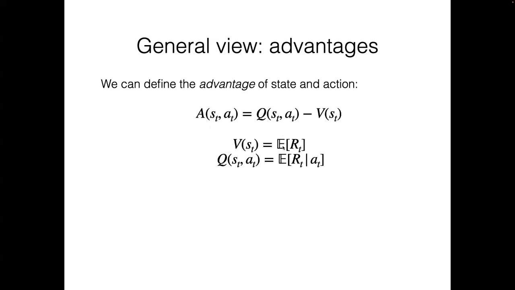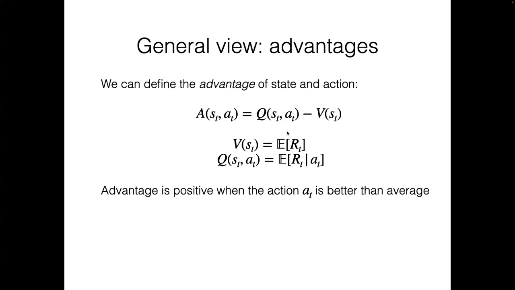The value function again says, what is the expected reward from a state? And then this Q function says, what is the expected reward from the state if I take action A_t? So it's kind of subtle, but it's basically saying, given that you take A_t, what is the future reward?